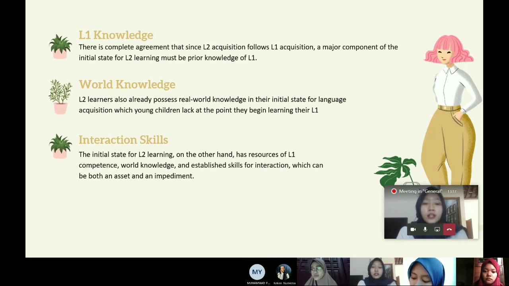The initial state for L2 learning, on the other hand, has L1 competence, world knowledge, and established skill for interaction, which can be both an asset and an impediment.